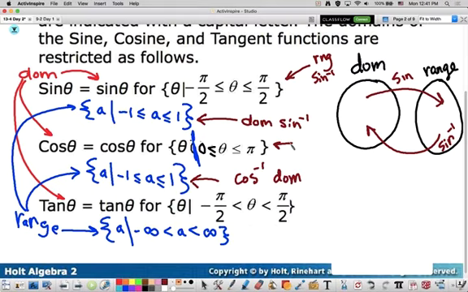That one, right? They just switch. Cosine inverse, range. Guess what? Same thing for tangent, right? This is important because it's going to help us solve problems in a couple minutes here.